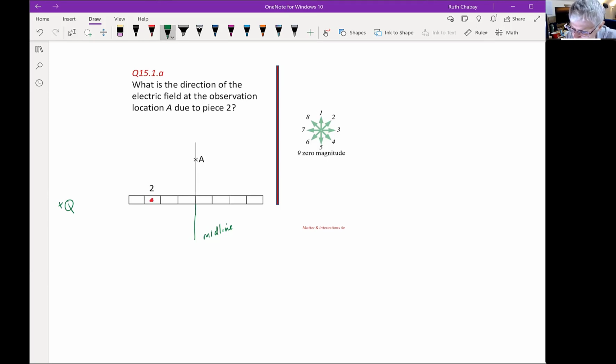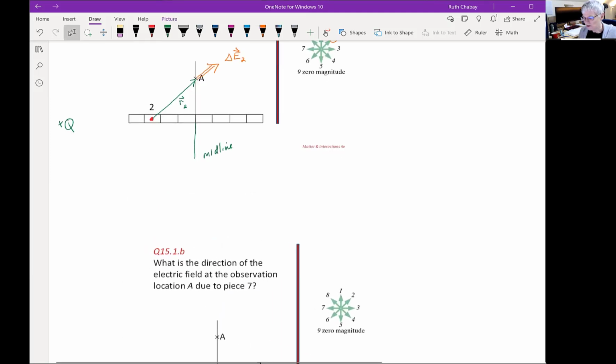And then we just draw the vector r from the location of the charge to our observation location. And because this point charge is a positive charge, the electric field at that location is going to point in the direction of r. So we're going to have this delta E sub 2. So indeed, 2 is correct.